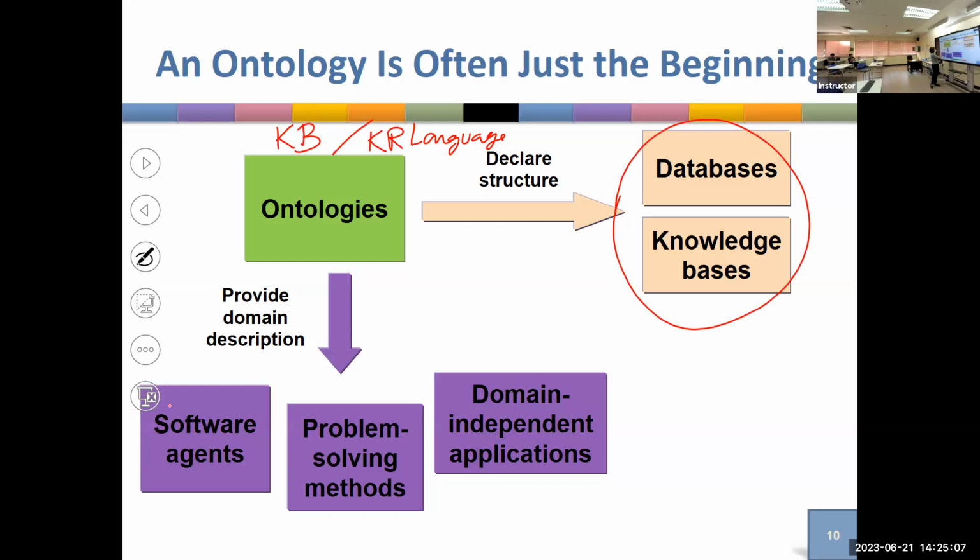It can be used in applications such as building software agents, domain applications, domain-independent applications, problem-solving mechanisms, and so on. In several of the papers you presented and listened to today, there are examples where we use ontology as a knowledge construct for answering and recommending certain things to the users, right?